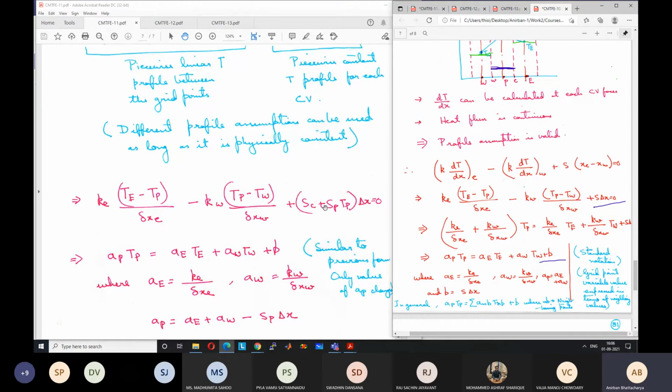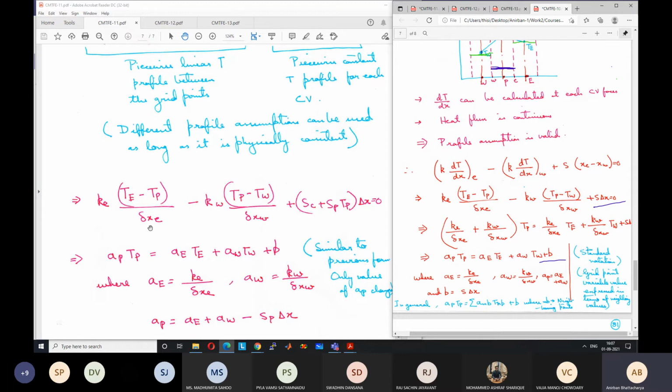So now we can again write this in the same form as previously, if we take this SPTP into delta X term along with all the other TP terms. So we have two TP terms, Ke by delta Xe plus Kw by delta Xw. Along with that, we take SPTP into delta X. What is AP? Remember, AP is the coefficient of TP.